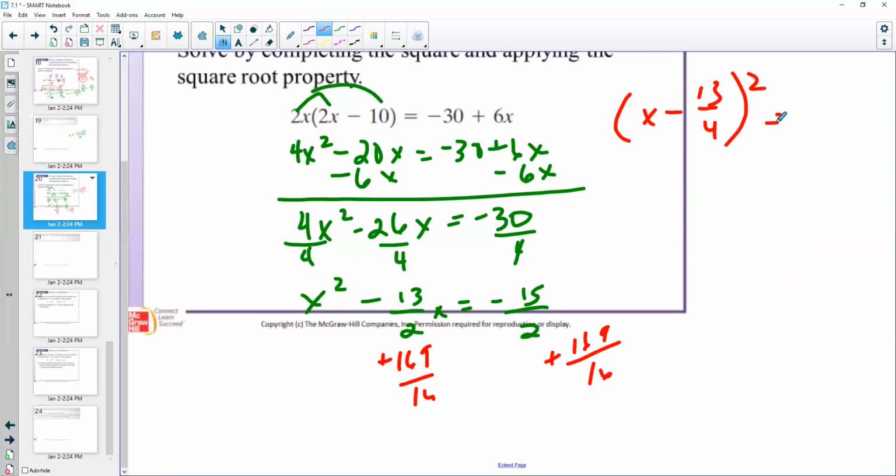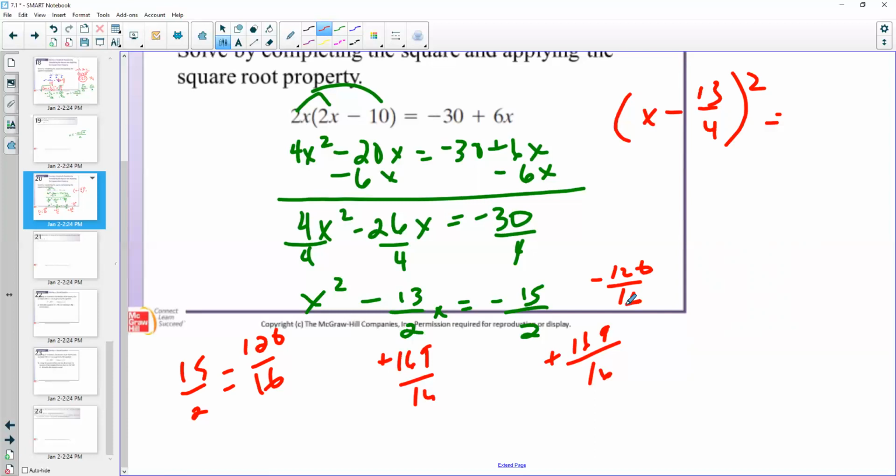I can make 15 over 2 into 16ths when I multiply by 8. 15 times 8 is 120, right? 15 times 4 is 60, times 8 is 120. So minus 120 over 16 plus 169.